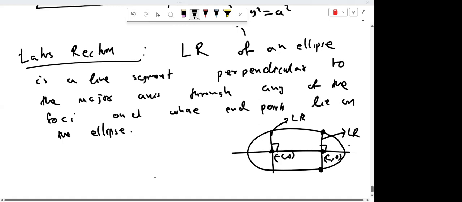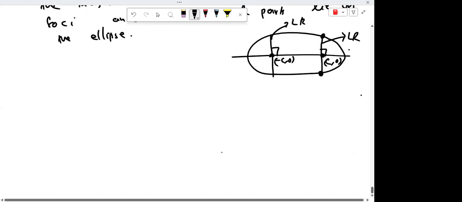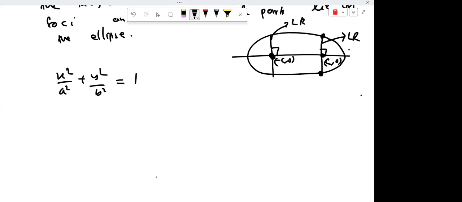Okay, so we have to find the length of LR. The LR itself has no value, the length of LR has great value. So the standard equation of the ellipse, we know, is x square by a square plus y square by b square equals 1. If L is at c comma 0, then the coordinate c comma 0 will pass through this equation of ellipse.